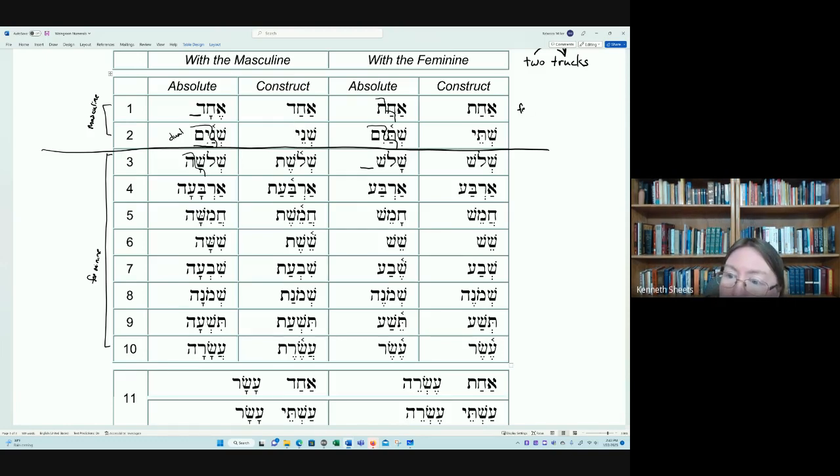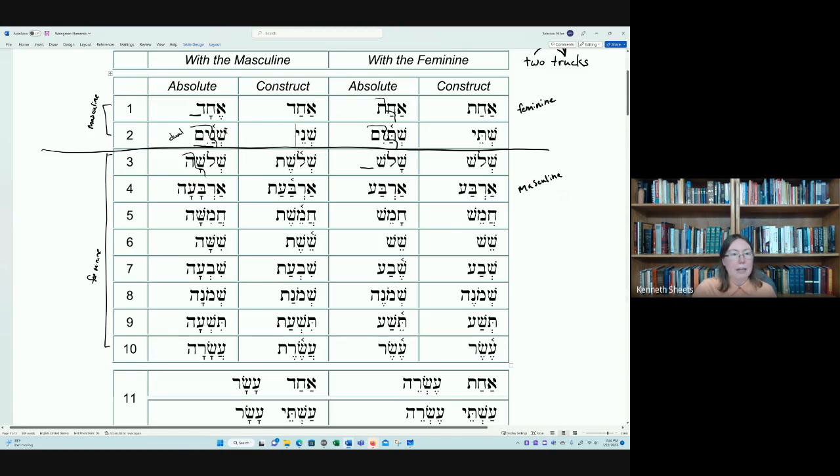So up here, we have a feminine number modifying a feminine noun, but down here, it's going to be a masculine number modifying a feminine noun. So they've switched those numbers there just to make some sort of a distinction. But those are going to be the numbers.